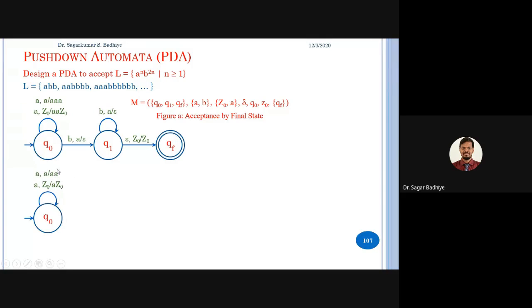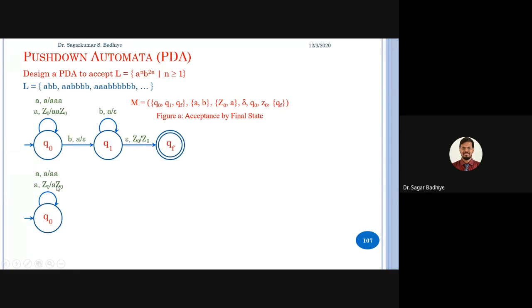Now, after reading all the A's, there would be B as the input in this state itself. That would be your first B. What I said is, whenever I read the first B, I will just traverse. Traverse in the sense, I will keep the stack symbol as it is. If it is Z0, I will let it be Z0 only. I will not push anything, neither will I pop. So for traverse, this Z0 will be replaced by Z0 itself.